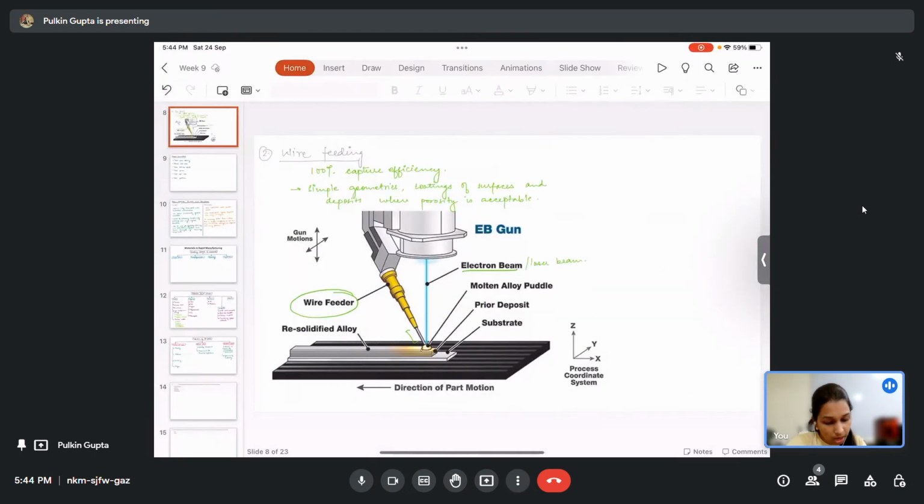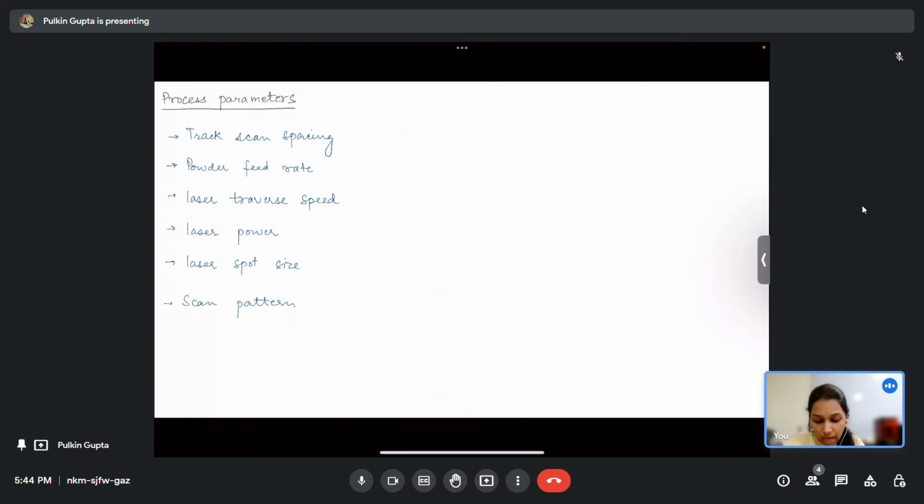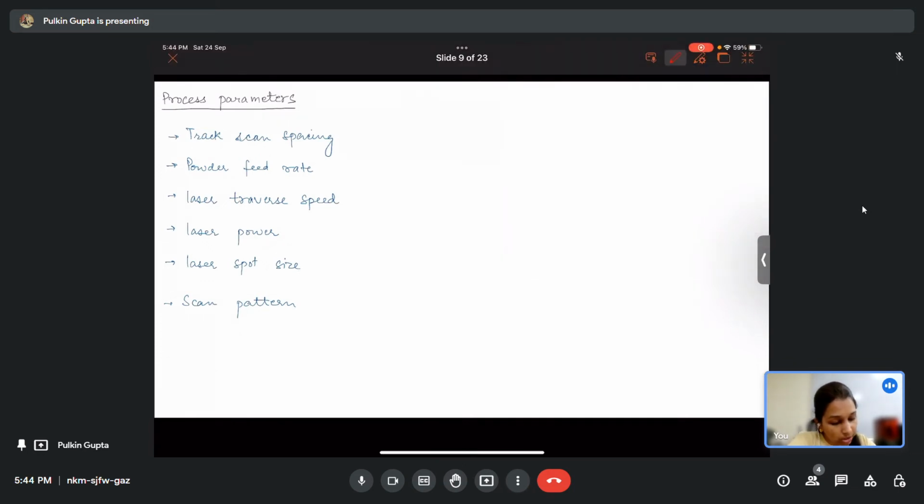Okay, now next, let us look at some of the process parameters in this beam deposition system. So first is the track scan spacing. Now what is this track scan spacing? Suppose you are looking at this object from top and you have different tracks. So these are your tracks or layers. The distance between these two from center to center is known as your track scan spacing.